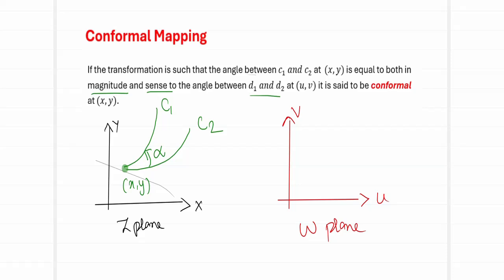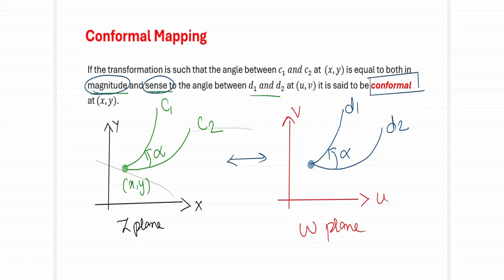So if this is mapped or transformed into curves D1 and D2 at a particular point in my w plane in such a way that the magnitude, that is the quantity alpha, and the sense, namely the direction, is preserved and is the same, then this kind of transformation or mapping is called conformal mapping.